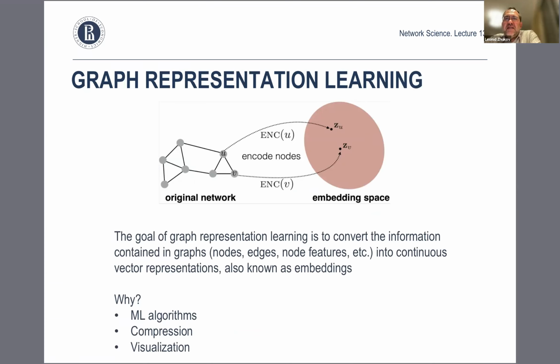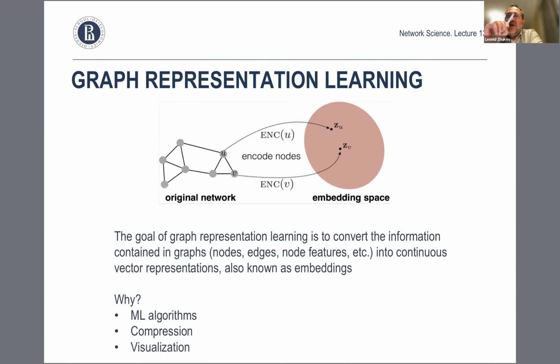So the idea is that we want to find a way to convert all the information that a graph contains, that is, information about nodes, node labels, edges, various node features, into a continuous vector representation. And that's also sometimes called an embedding.